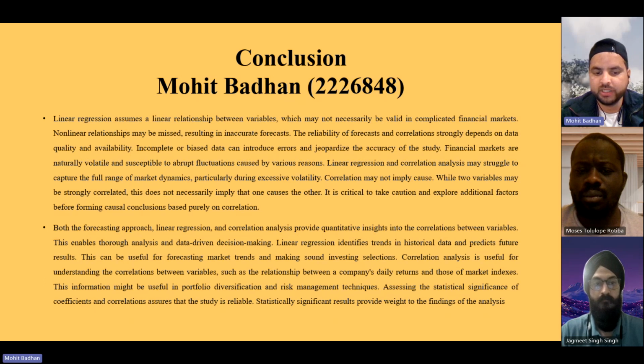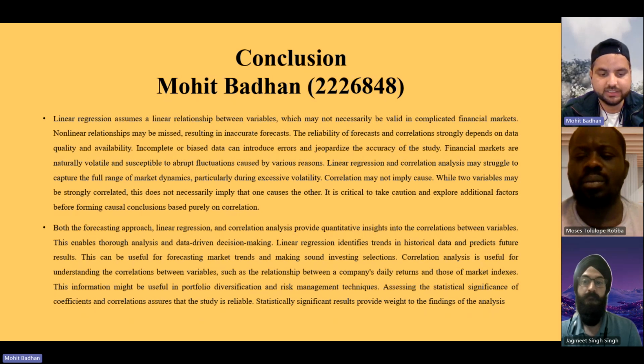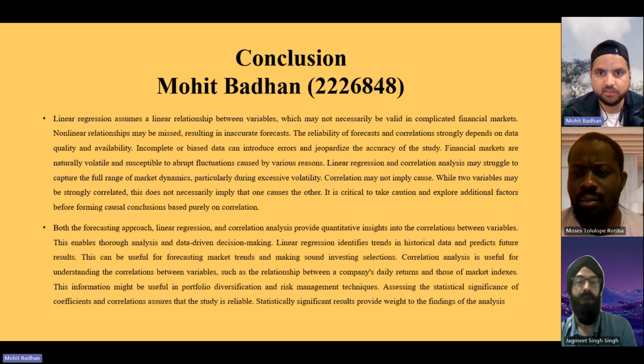We have explained the importance of quantitative insights in decision making, and linear regression as discussed by Jagmeet, the correlation analysis, statistical significance, limitations of linear regression, and data quality. These are all carried along with phase one, phase two, and phase three.